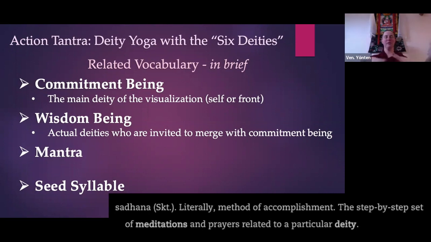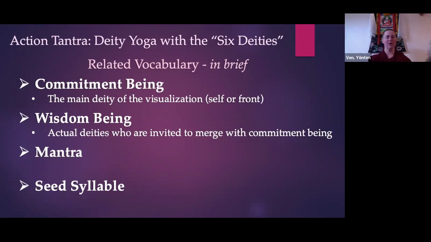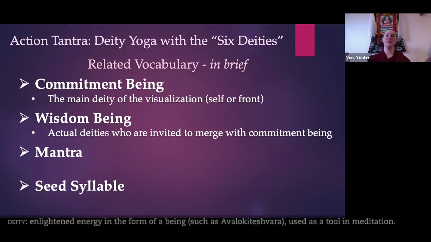So first you're building a visualization, right? You're going through this process and you think, okay, eventually there's Chenrezig. He has however many arms, 4 arms, 1,000 arms, whatever. He's radiant white, made of transparent light, etc. You visualize, but then you invite the Buddhas from all 10 directions to merge with what you visualized. And those are called the wisdom beings.